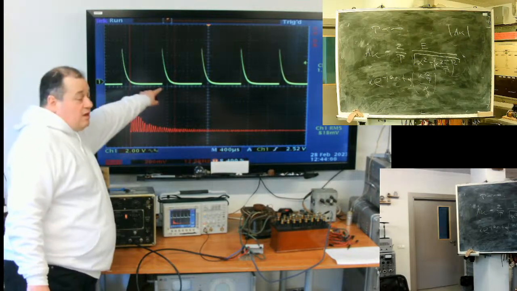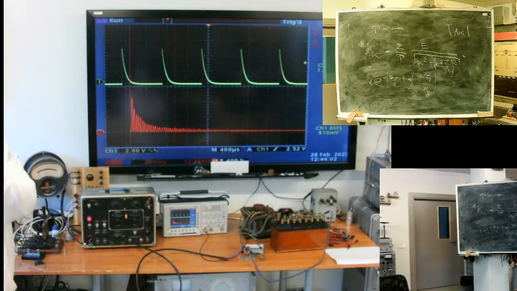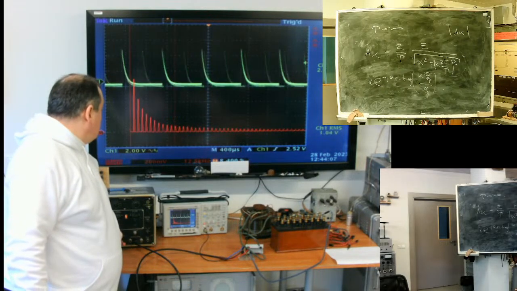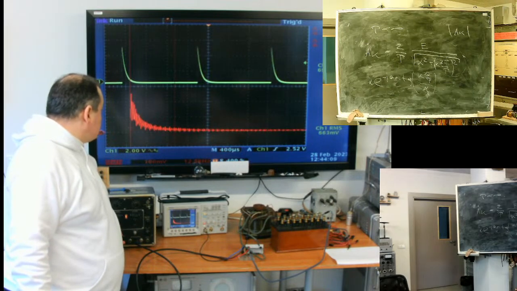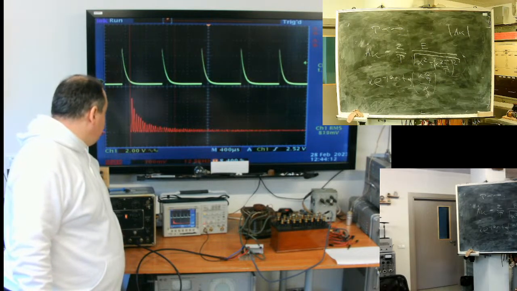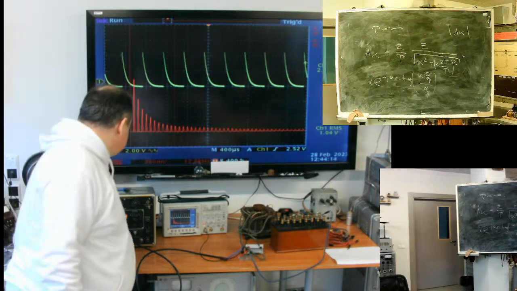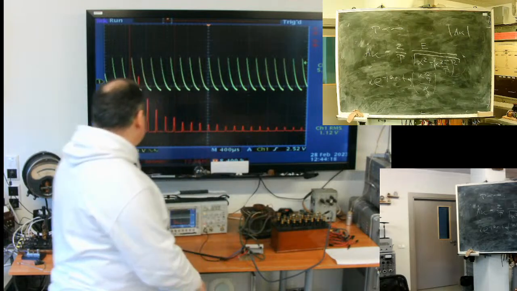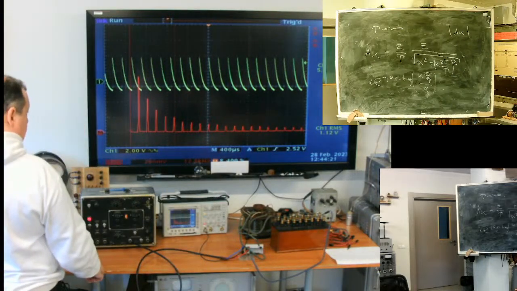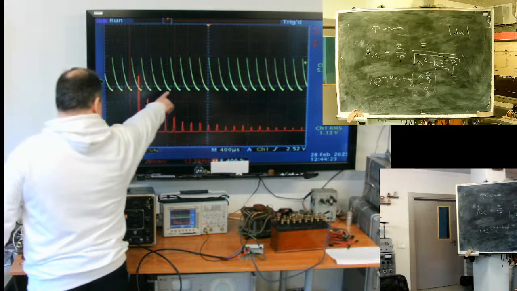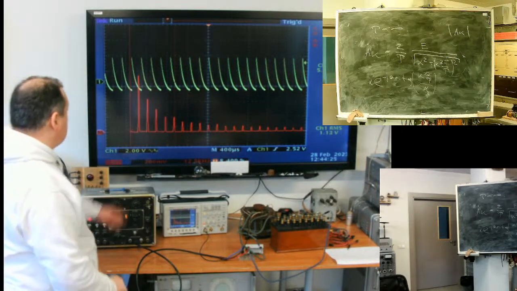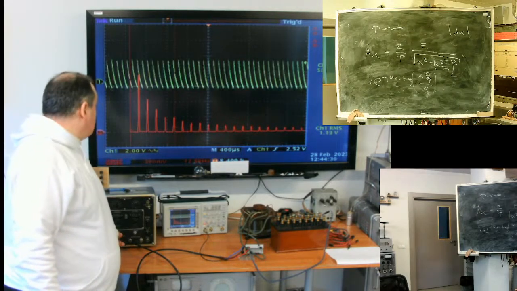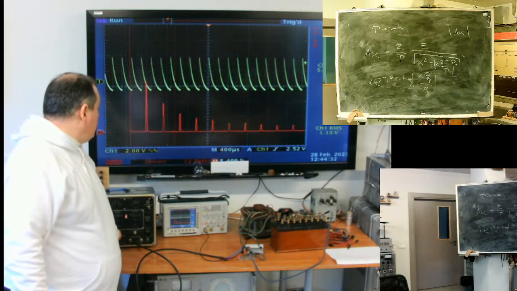See what happens? The bigger, let's say, or longer the space between pulses, the closer are the spectral lines. And that's not all. The closer the pulses, the larger the space between lines. Okay?